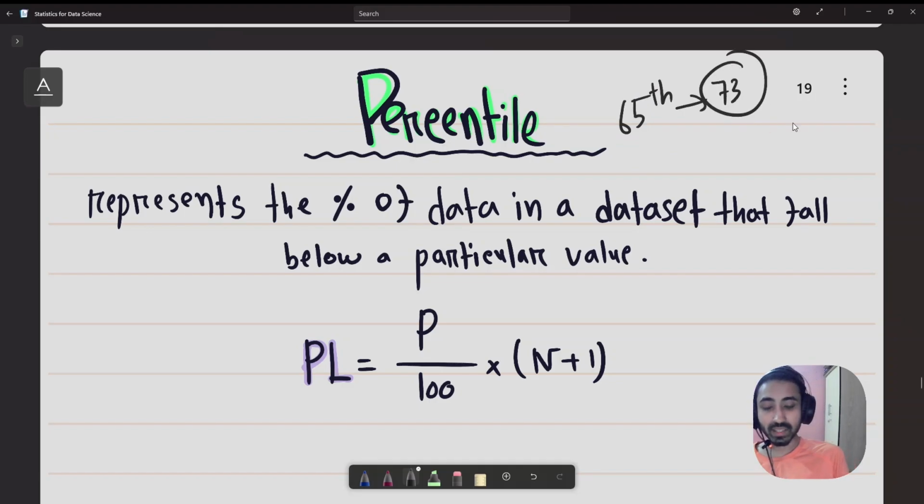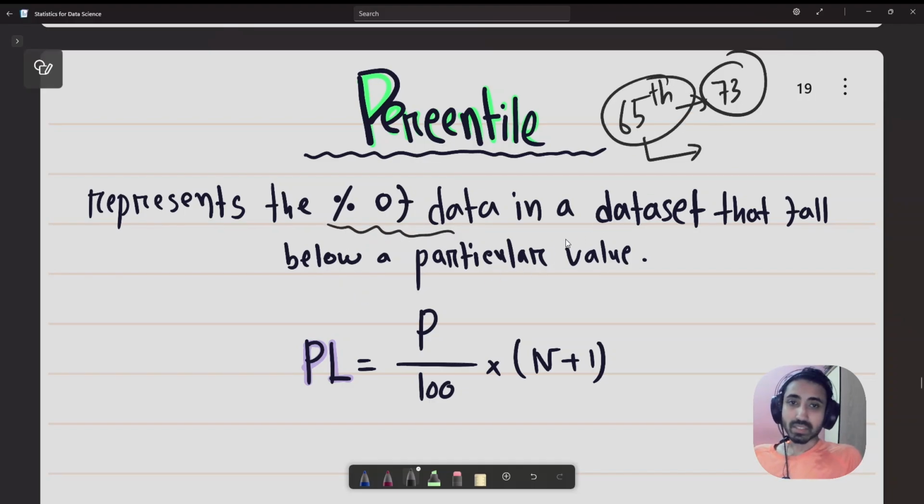That would mean that 65% of the students have scored below 73 and 35% of the students have scored more than 73. So you are ahead of 65% of the students, but you are behind 35% of the students. So percentile represents the percentage of data in a dataset that falls below a particular value.